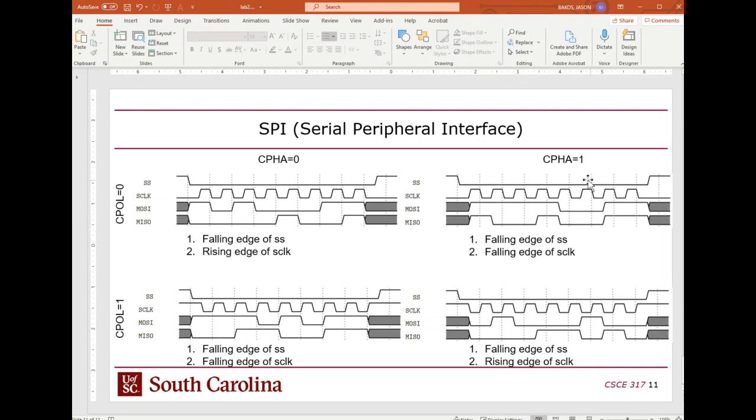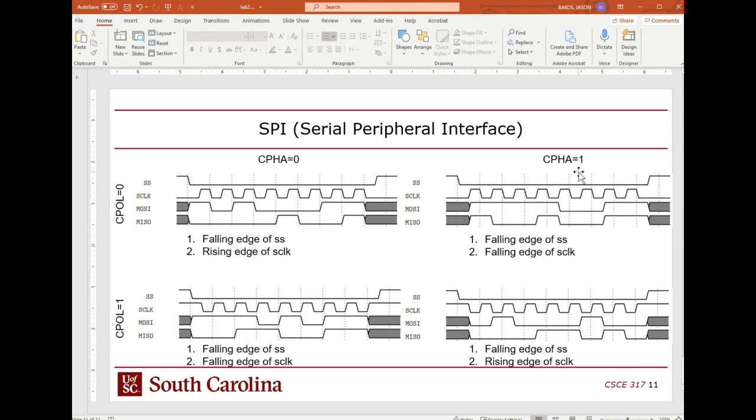Again, if they're different, which they are here, for instance, in the upper right hand corner, then SS will drop, and then after that point you're looking for the next falling edge, because the next rising edge is when, in this case, the data is changing. Sorry, hopefully I'm not confusing you more.